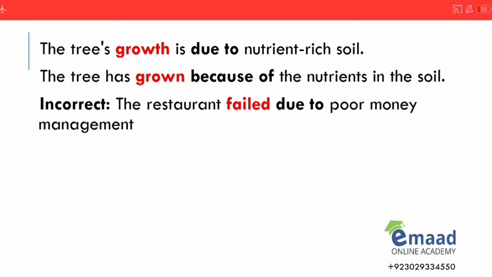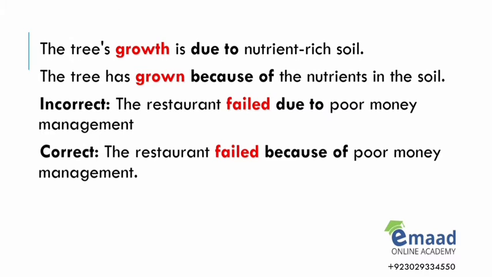So how can we correct this sentence? There are two ways. If we want to use due to, then we need a noun before it. And if we want to use because of, then it can be corrected in this way as well, to modify this verb failed. Now we either have to replace due to with because of, or we have to replace this verb failed with the noun failure.